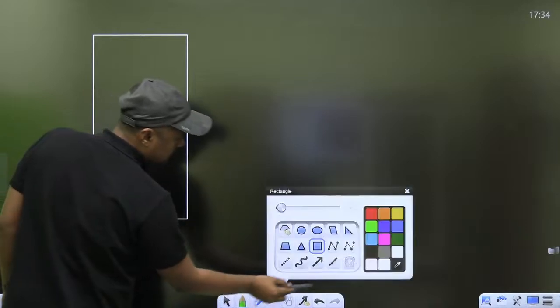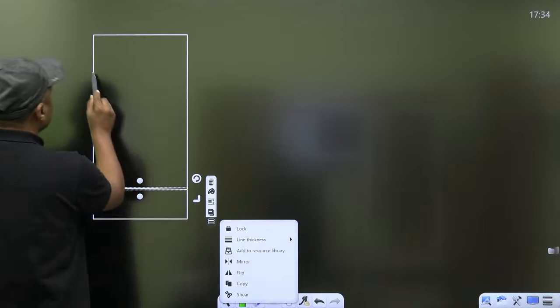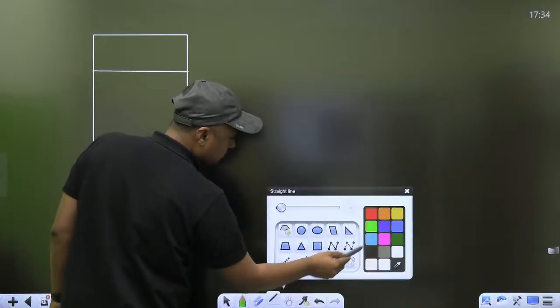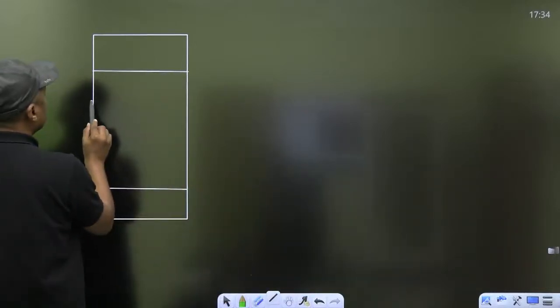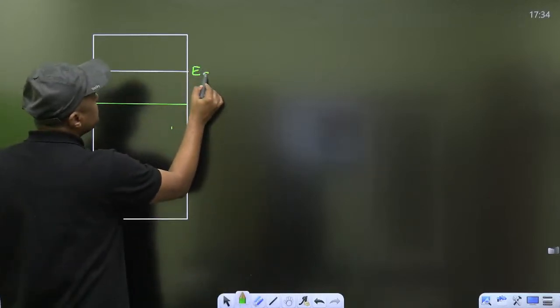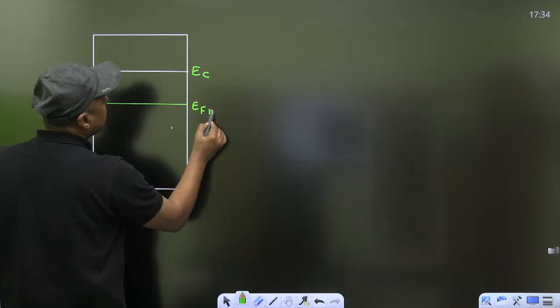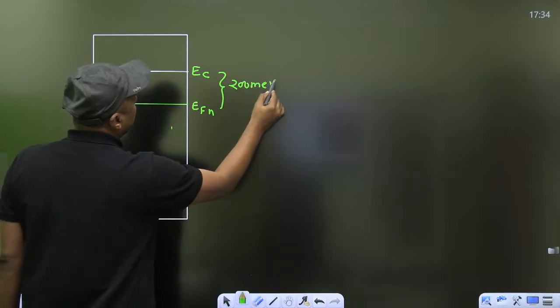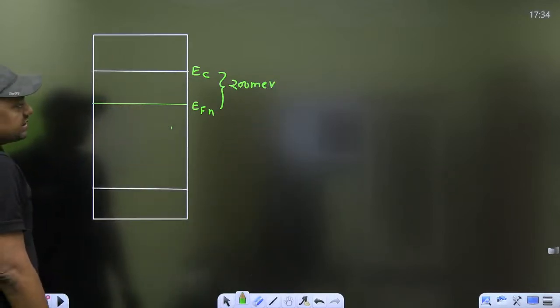Watch this. This is EV, this is EC, and that is the Fermi level. Non-degenerate: EC minus EFN. Initially, this gap was given as 200 milli electron volt. So what is this gap?